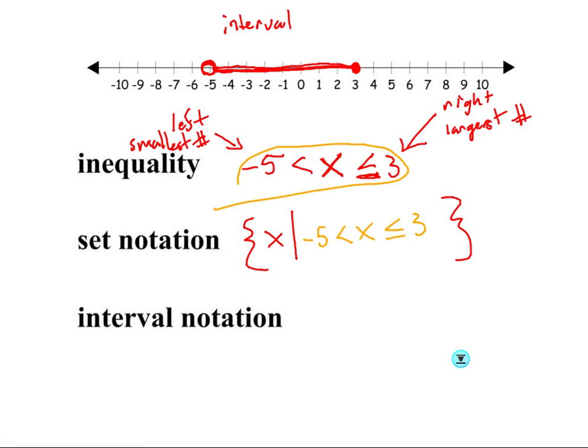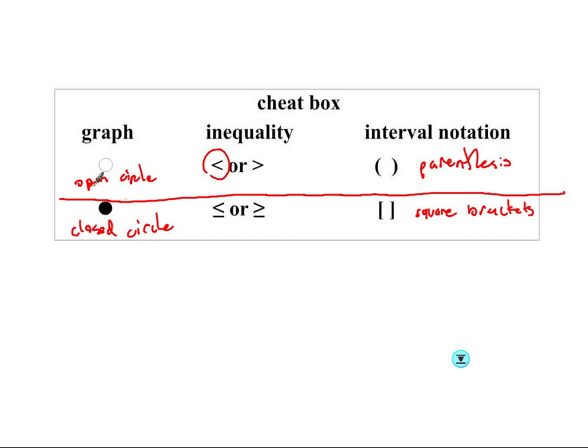Okay, and finally, interval notation. For interval notation, you want to write your smallest number first in your interval. So we have negative 5 and then comma, and then your largest number, which in this case is 3. Now here's where you have to go back to our chart. Since this is an open circle, we have to use parentheses.